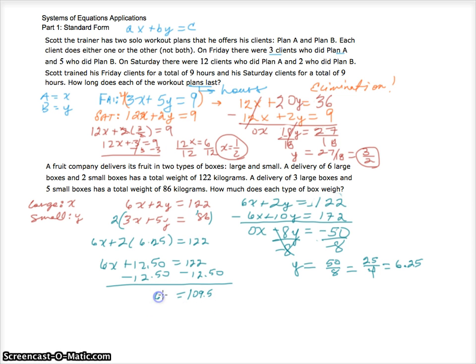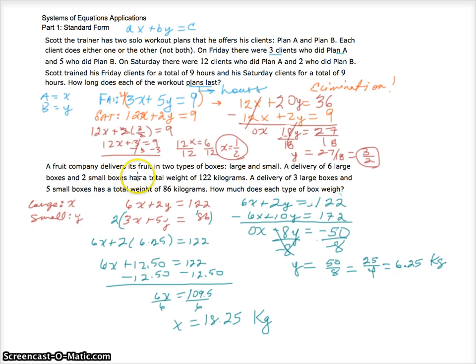Now I'm going to divide by 6 on both sides. x equals 18.25. So the large box is 18.25 kilograms and the small box is 6.25 kilograms.